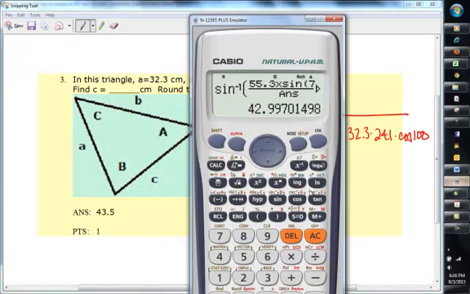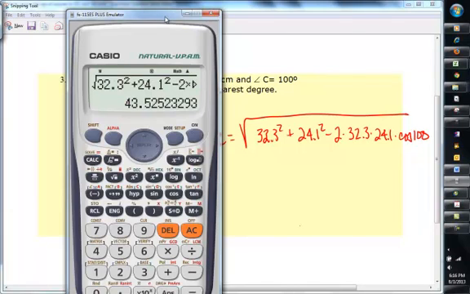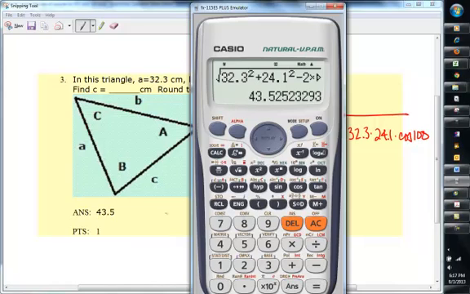So on our calculator, square root 32.3 squared plus 24.1 squared minus 2 times 32.3 times 24.1 times cosine 100 is 43.5. Oh, I'm sorry, 43.5 centimeters long.